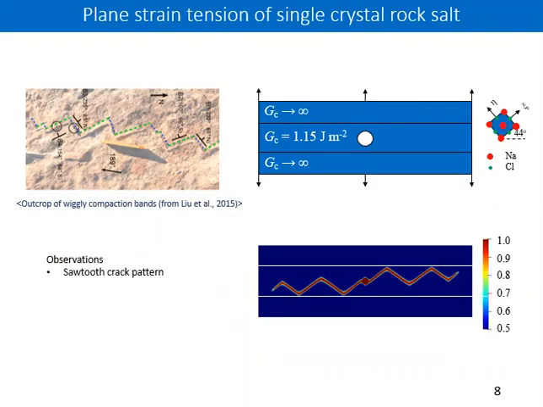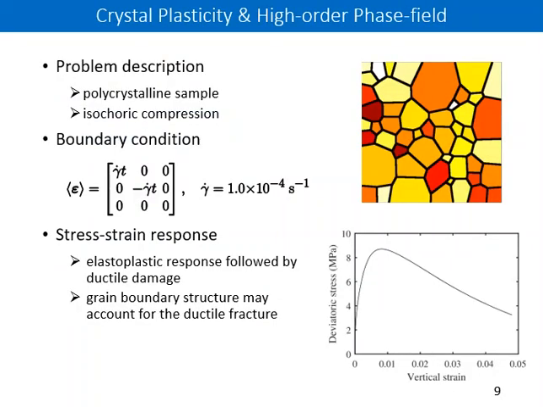We first designed a single crystal tension test to observe the sawtooth crack pattern, which is a direct result of the fracture anisotropy of single crystal rock salt. Then we performed a polycrystal compression test under isochoric compression boundary condition. Ductile fracture is observed in the stress strain curve, which is mainly caused by the heterogeneity of the polycrystalline sample.